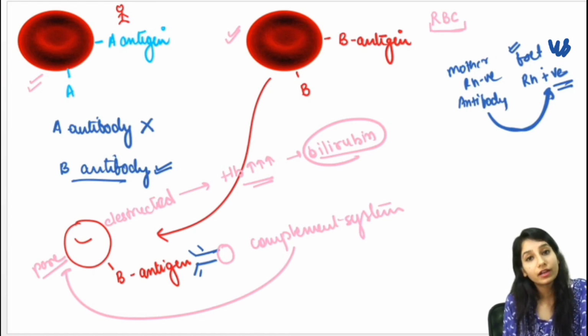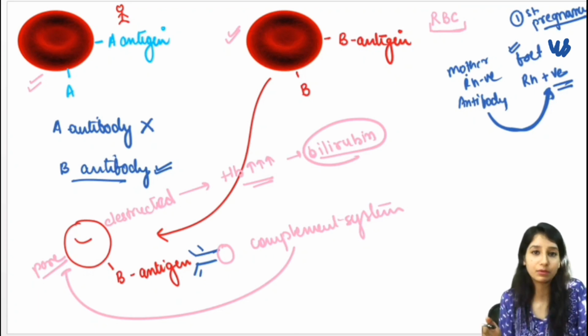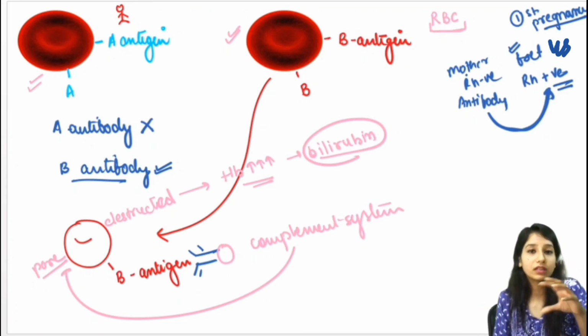In this condition, keep in mind that during the first pregnancy, the fetal blood and the mother's blood are separated by the placenta. So there's no issue, because for the mother to create antibody, it is necessary that the fetal blood come in contact with the mother's blood.